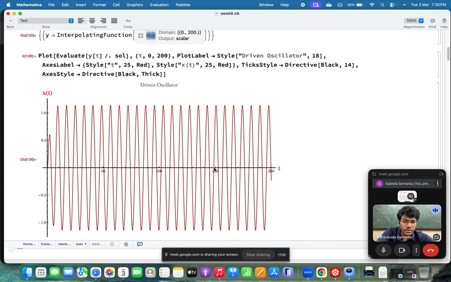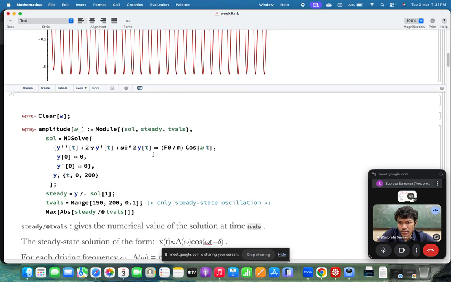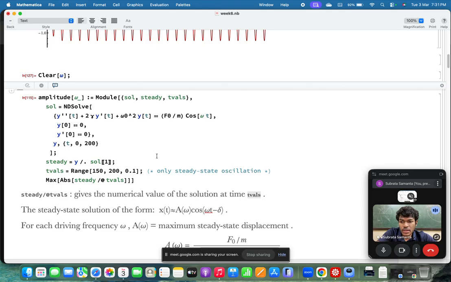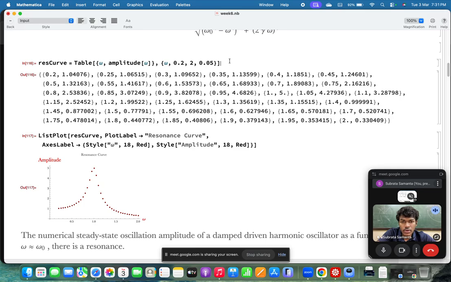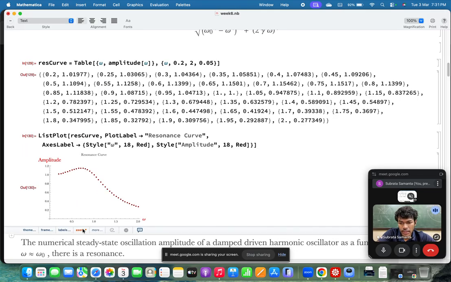You will see that from 150 to 200 it is almost constant. So I calculate the amplitude in this region, which is perfectly fine for steady state, then I calculate the resonance table, and then I plot this. So you see here.